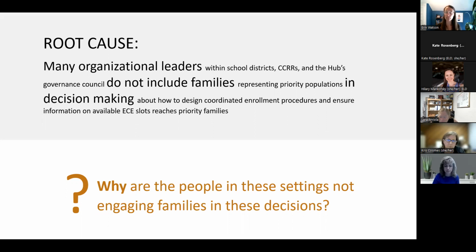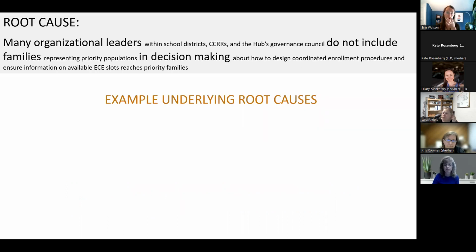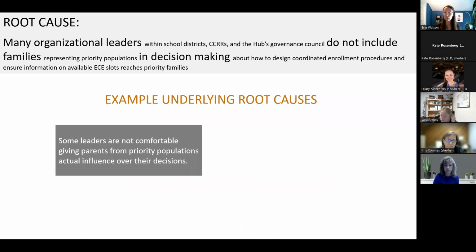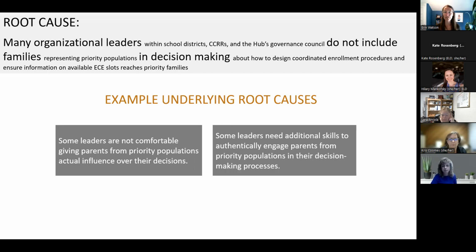Some of the things that I've seen come up in your RSAs, as well as other communities across the country, are the following. Some leaders aren't happy or comfortable about sharing decision-making influence with families. They like having all the decision-making power. That's a mindset. Some leaders don't have the skills they need to authentically engage families. There are many areas this could include, like simple engagement practices. There could be implicit biases happening.